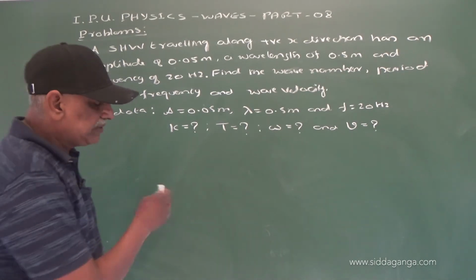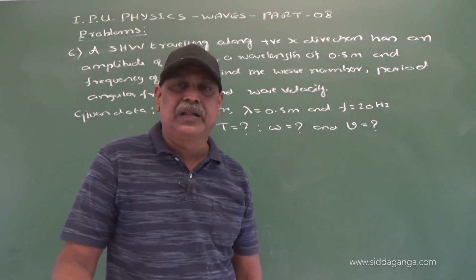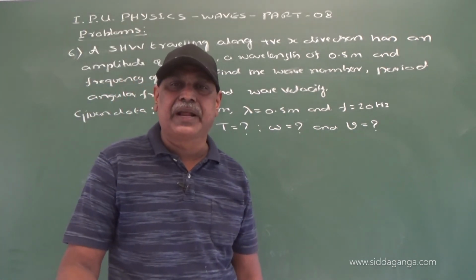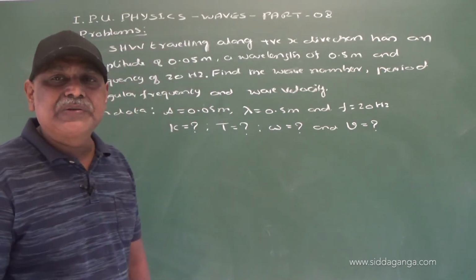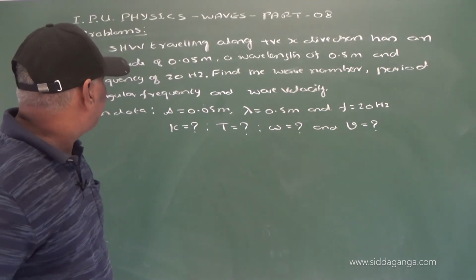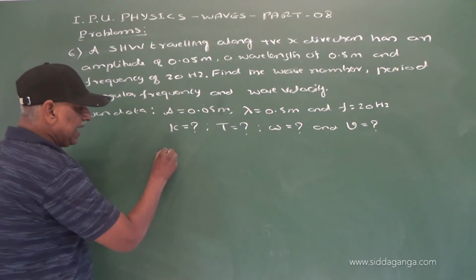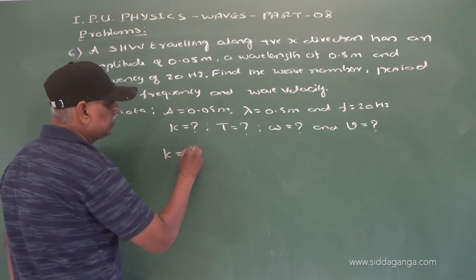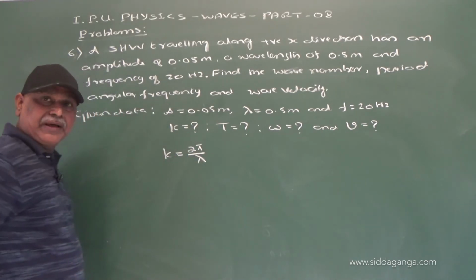So in this case we need not use the wave equation because no wave equation is given. Therefore using the relation between the parameters, we have k is equal to 2 pi by lambda.